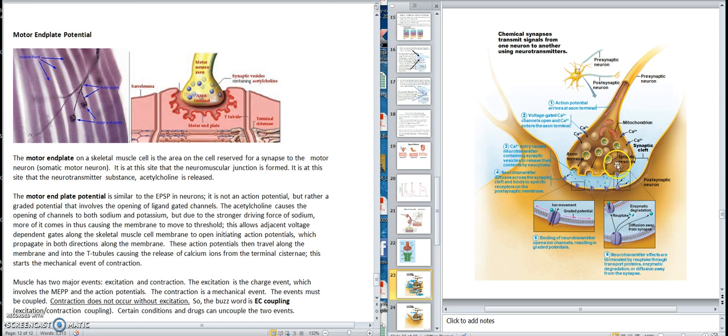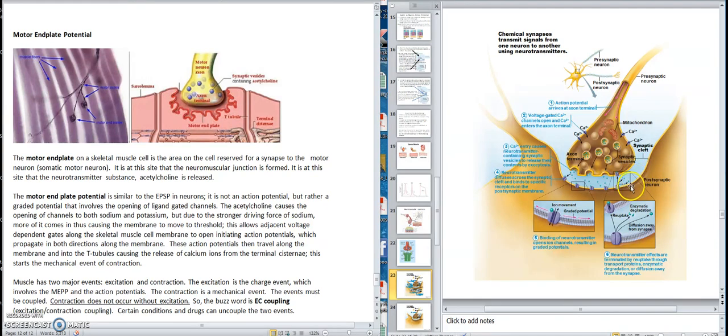Now, the ligand-gated channels, what do they do? They allow both sodium and potassium to move. Sodium moves in with a stronger force, remember, because of the electrochemical gradient, than potassium moves out. So ultimately, enough sodium moves in to cause this membrane to reach threshold. Adjacent to that are voltage-dependent gates here.